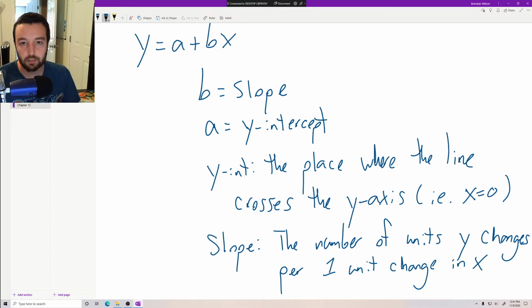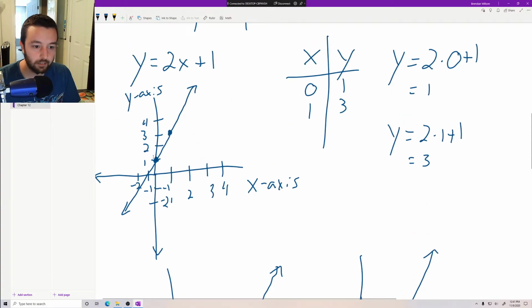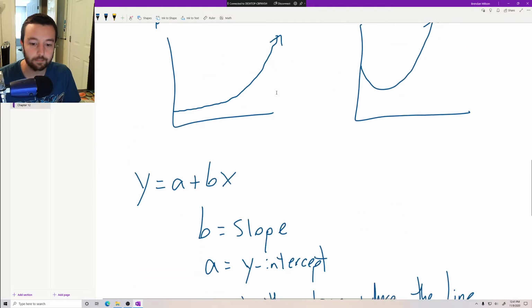So as you move over once with x, how much did y change? Okay. So like here, if we're looking at going from 0 to 1, that's changing by 1 on x, right? You're going from 0 to 1, so you've moved 1. Well, in that transition, how much did y move? Y moved from 1 to 3, which is a difference of 2. So the slope here is 2, which we can see because that's the number that's in front of x. Okay.